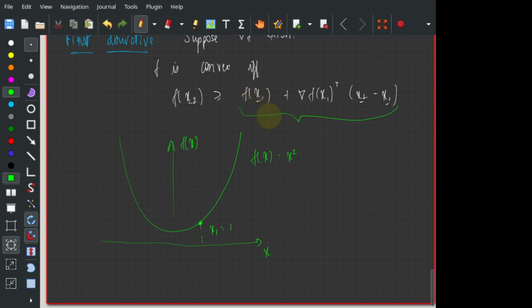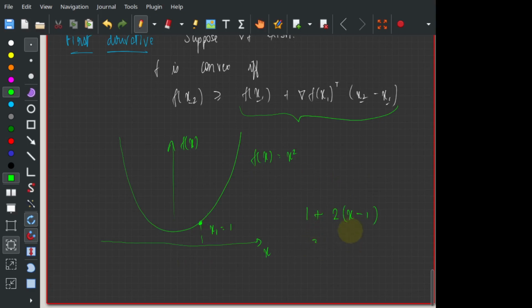So what would the right hand side be? Remember, you're fixing an x1 and you let x2 be the free variable. So what would f of x1 plus gradient f of x1 transpose x2 minus x1 be? What is f of x1? 1, plus what is gradient f of x1? 2, times x minus 1.